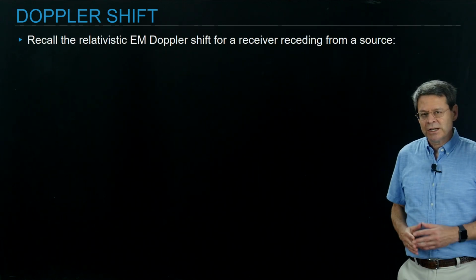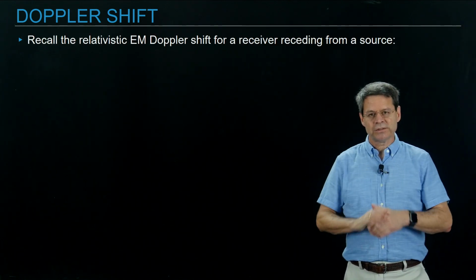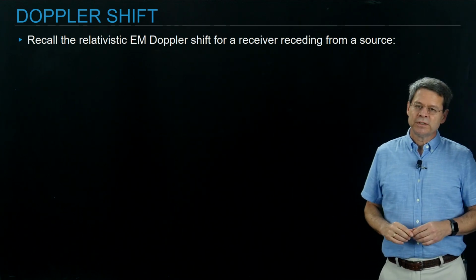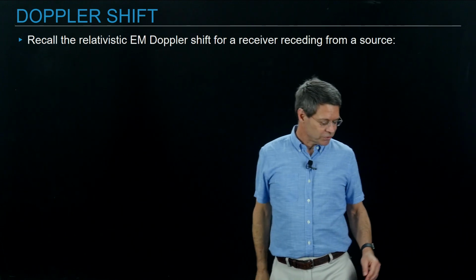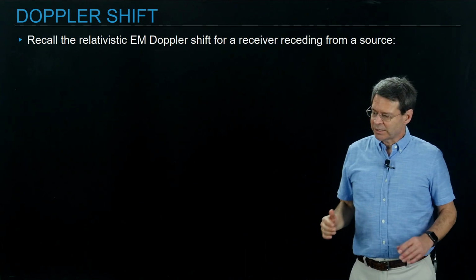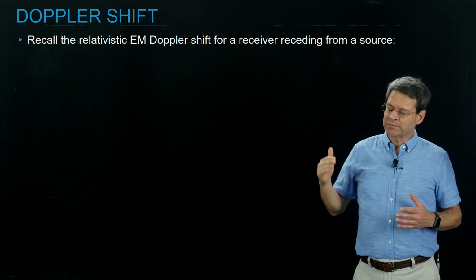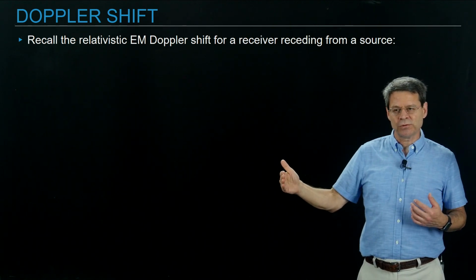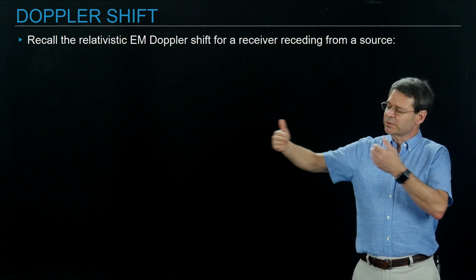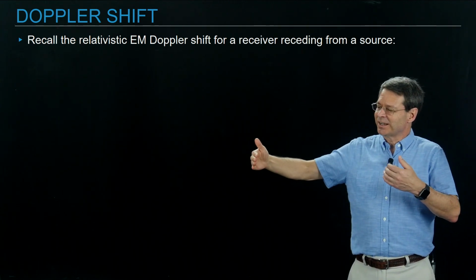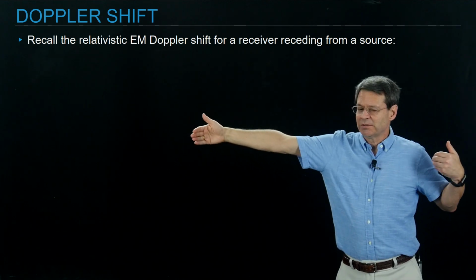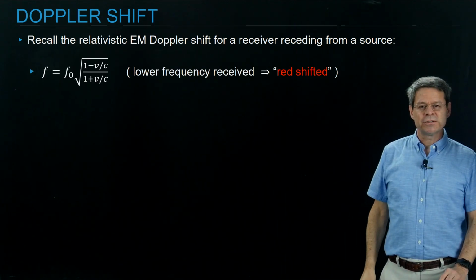All right, let's fold this into what we know about the Doppler shift. Now, in relativity, we could derive the Doppler shift for electromagnetic waves, and in particular for a detector which is receding from a source. So the emitter and the detector have a relative velocity between them, moving away from each other.